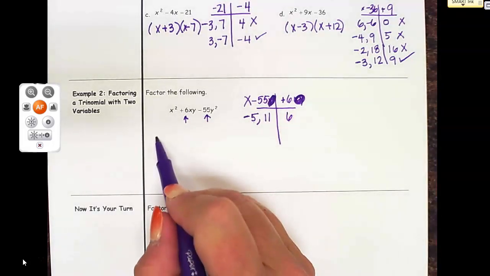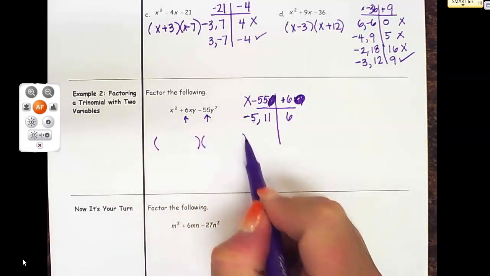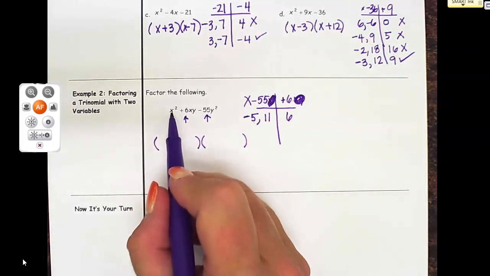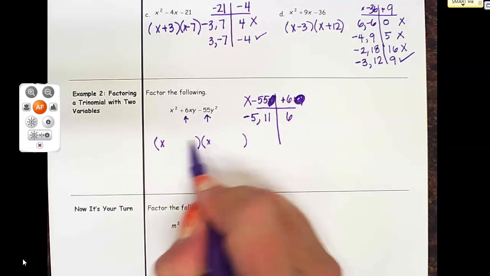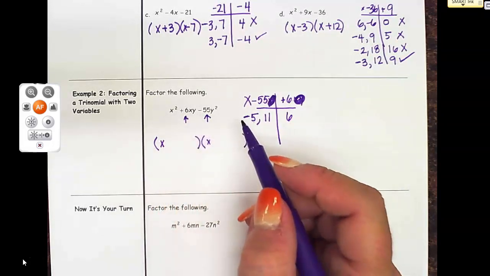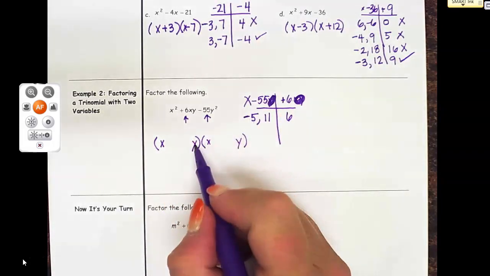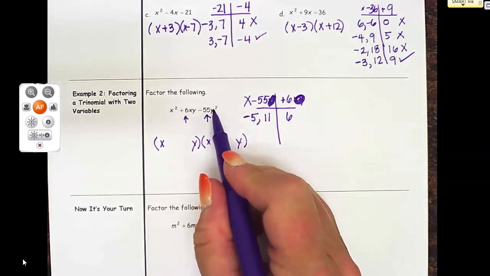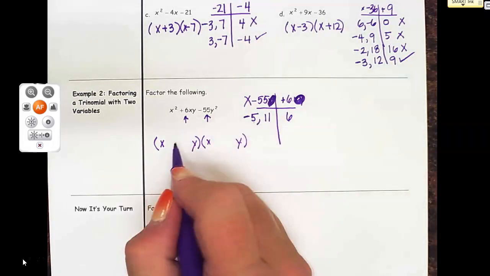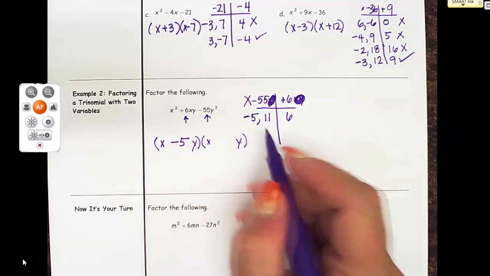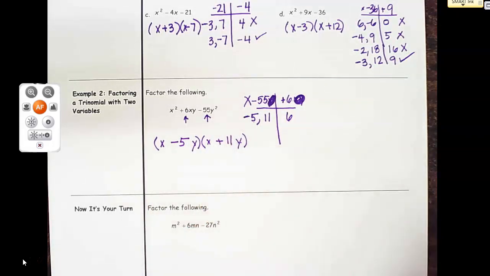So here we go when we're writing our binomial. We're just going to have to remember we have our x's, because x times x gives me x squared. And my final term is going to have a y in it, because y times y is what will give me that y squared. And I'm going to go minus 5 plus 11.